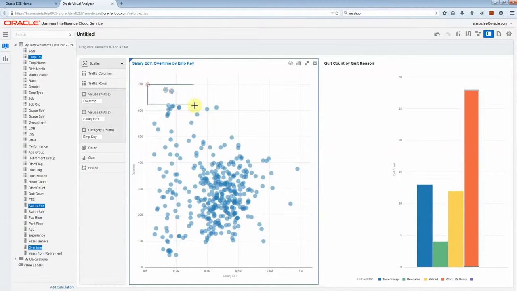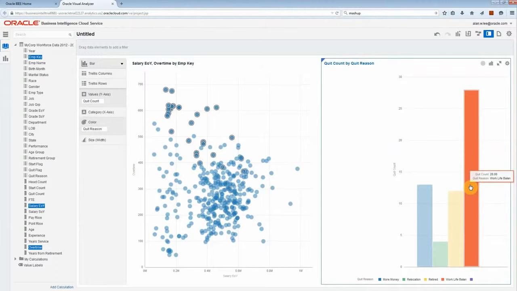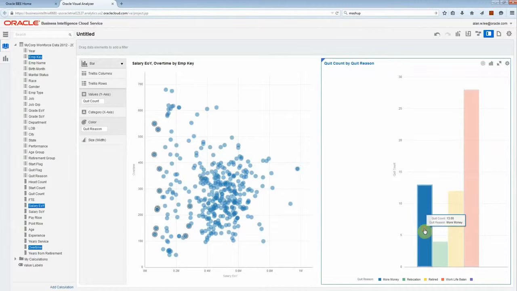The people who do lots of overtime at the top, the very well paid people, are over here to the right. If I look at the people who quit for a better work-life balance, I can see that they are generally in the upper part of my chart, and if I look at the people who left for more money, they're generally in the right-hand side.